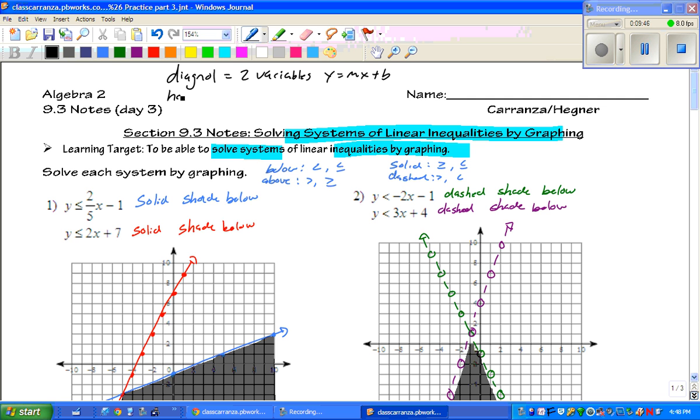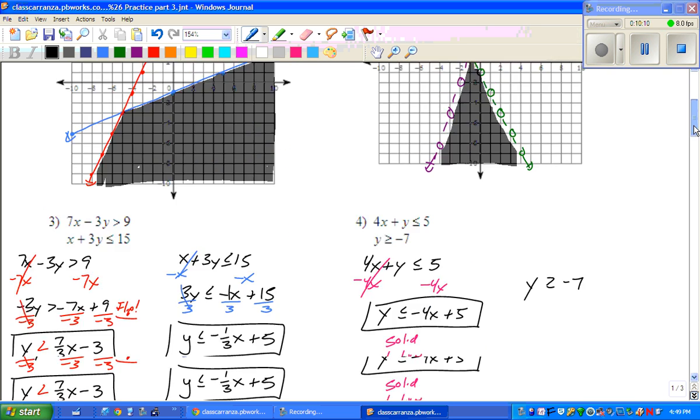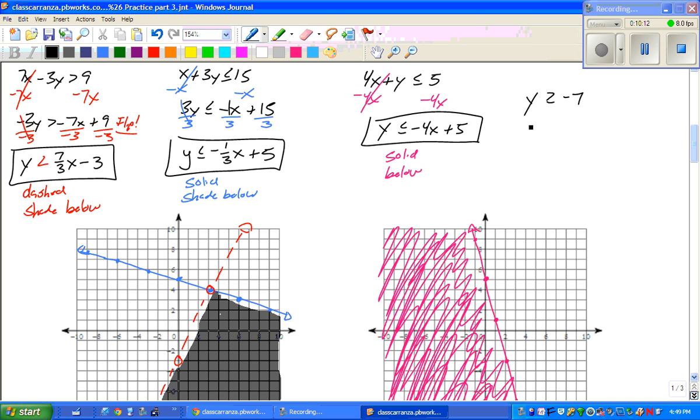Now, if you have a horizontal line, you have 1 variable, and that is y equals a number. If it's a vertical line, you have one variable, and it's x equals. Okay, so since this is a y equals, this is going to be a horizontal line.